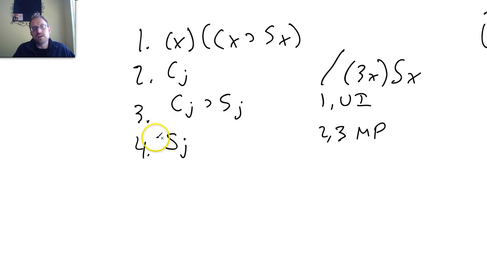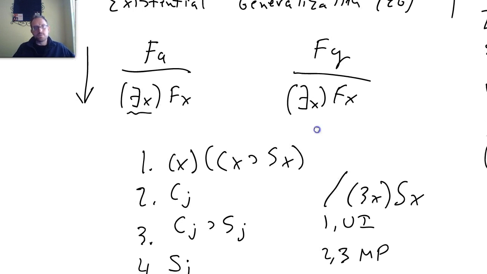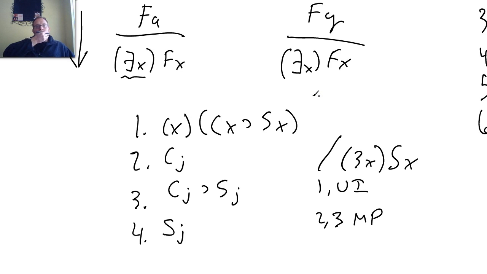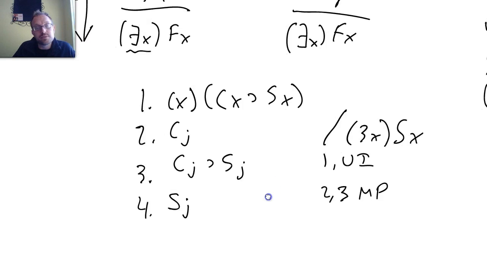Now that I've unlocked the Sj, I need to generalize, and this, of course, is our new rule. Let me go back up here and remind ourselves of the rule. Now I have an Sj, so I have a constant here, but it allows me to go to ∃x Fx. And since the conclusion has an x, obviously I want to choose that as my variable to generalize.